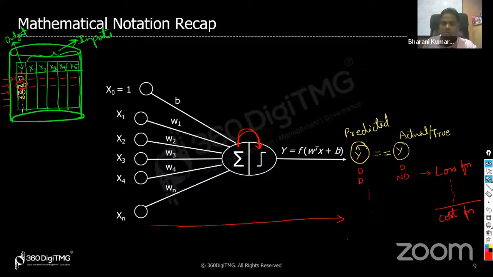So with that cost or loss, you go back and update your weights. Now, coming forward and doing the prediction is called a forward pass.